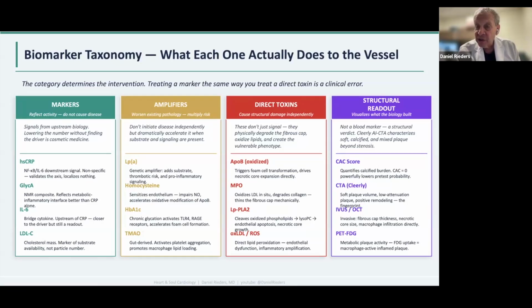And then we have a structural readout in this. So you can get invasive tests like an IVUS that goes inside of arteries. That's invasive. You can get a calcium score, which we talked about, which just shows where there's hard plaque and not anything about soft plaque. And then we can get this CT angiogram, like many companies like Cleerly, and there are others, and they're getting more depending on which test, and new technologies coming up are being approved by insurance companies.